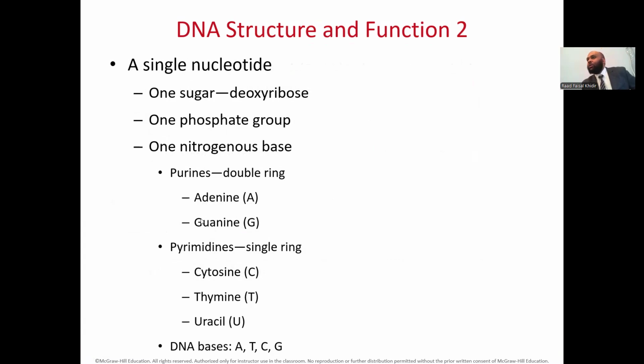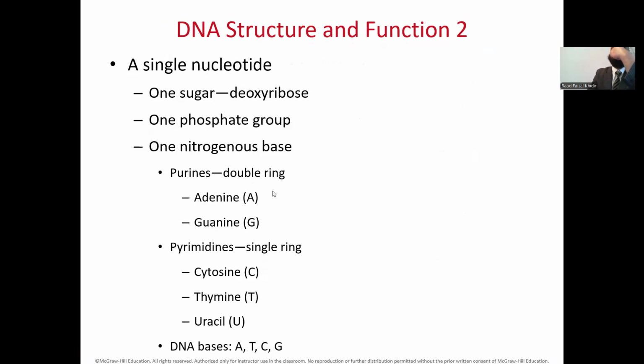Purines and pyrimidines. Purines have double ring. And pyrimidines have single ring.